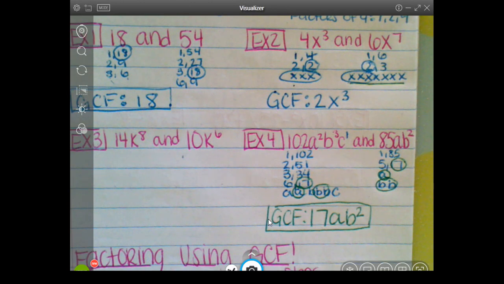So what we just did was we just noticed what the greatest common factor is. The second part of this lesson is now, once you know what it is, undoing the distribution and figuring out what's left. So that's the second part that we're going to talk about now.